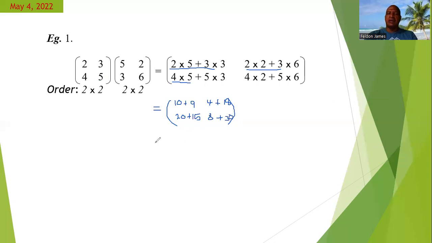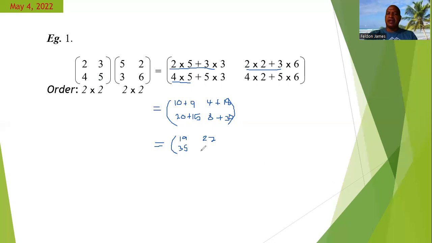All right, so next step, we'll just do the addition. So we know 10 plus 9 gives you 19. 20 plus 15 gives you 35. 4 plus 18 will give you 22.